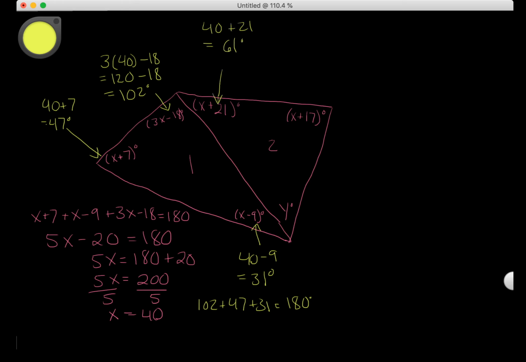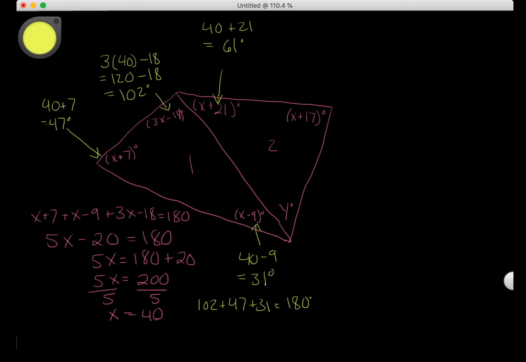This angle right here, we have 40 plus 17. So 40 plus 17 would be 57. So the two angles that we have in this triangle are 61 and 57.